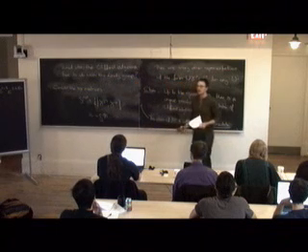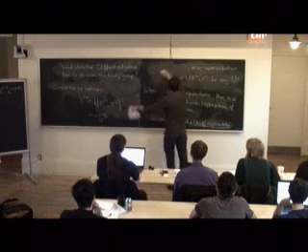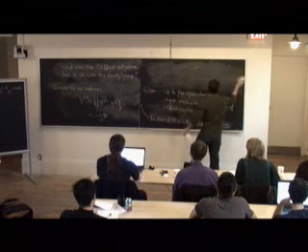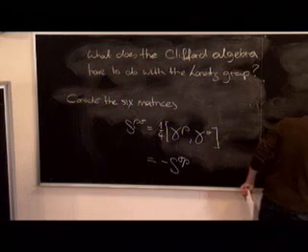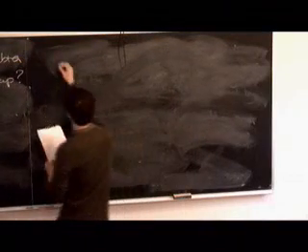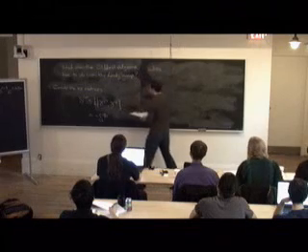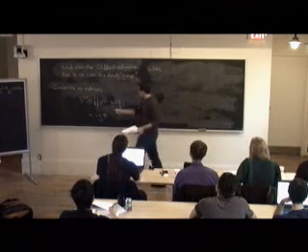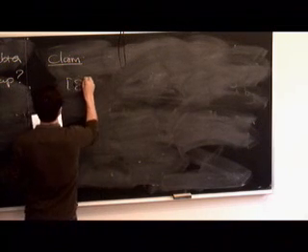Okay, we all good? So here we've got 6 matrices. And what I want to tell you is that these 6 matrices S have a very special property, and the property is the following.